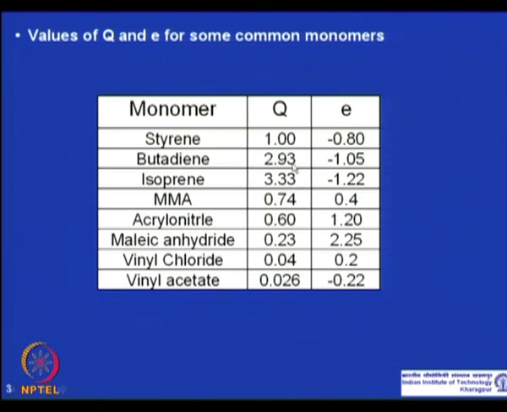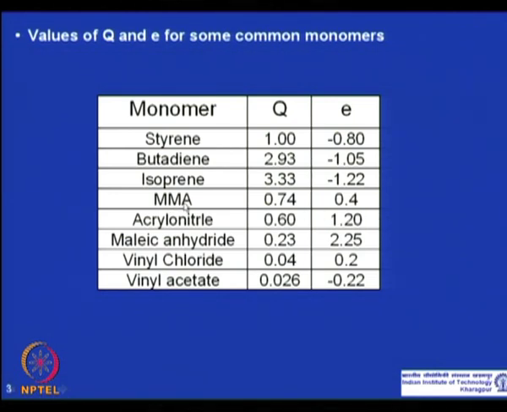So, Q is high, and they also act as electron donating groups, increasing the electron density in the double bond. So, this value is negative, and negative means electron rich, negative being the charge of an electron.